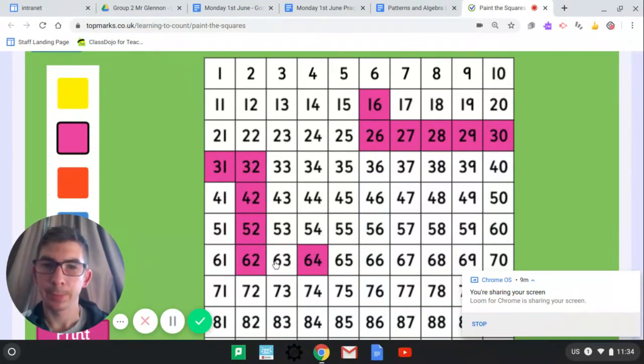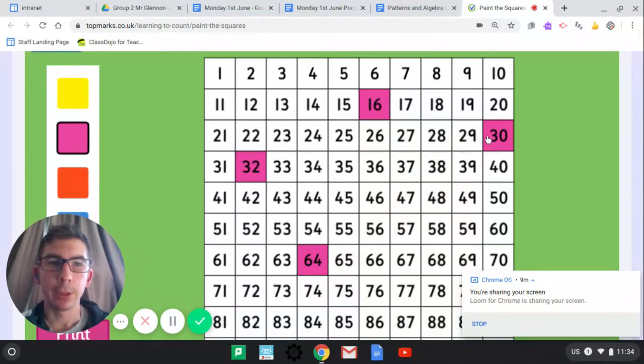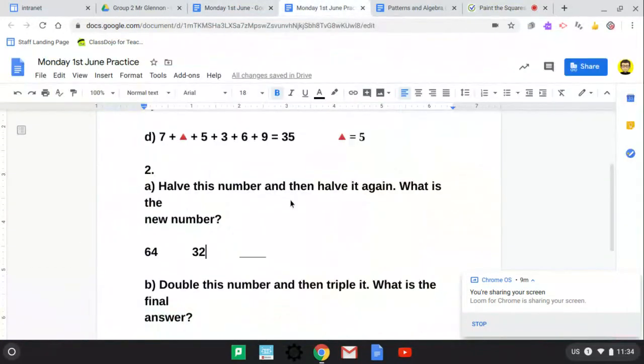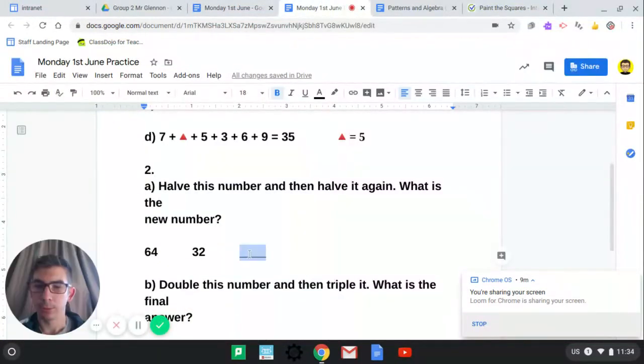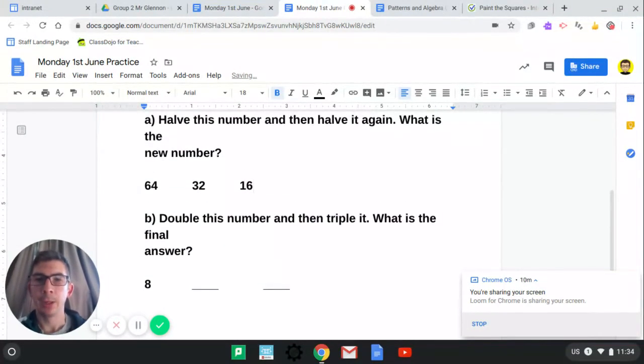Okay. So I know I've double checked my answer, and I know that 64 halved is 32, and 32 halved is 16. So we did halves there.